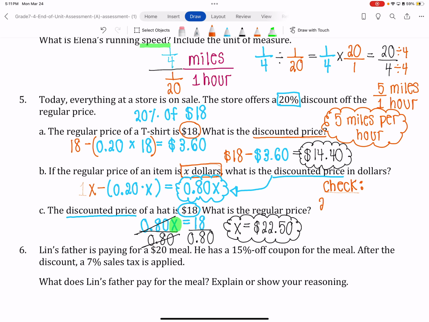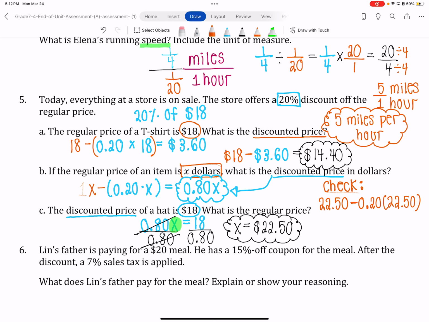Well, let's just see if we're going to get $18 again. If this was my original price, and I know that it was discounted by 20%, I'm going to do 20% times $22.50 and subtract that from $22.50.